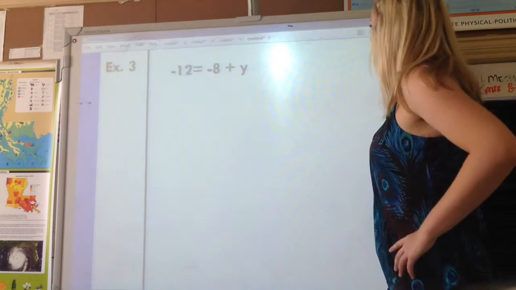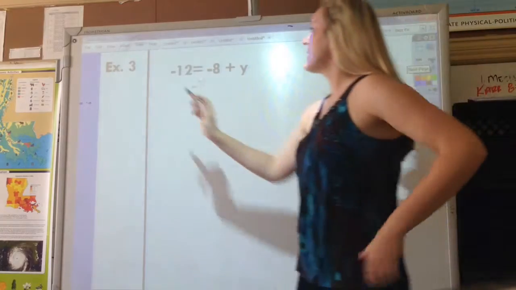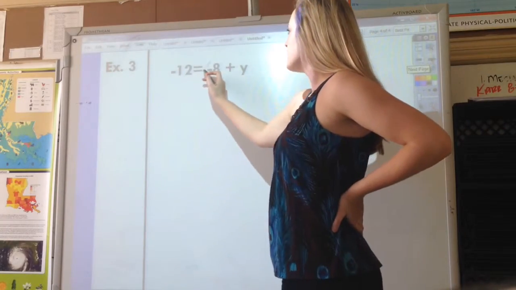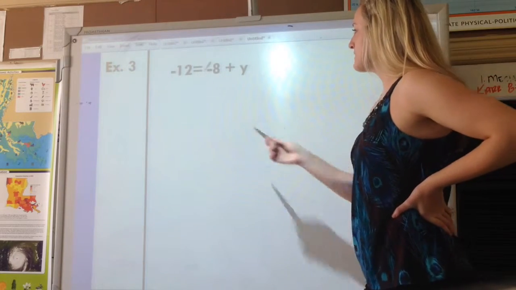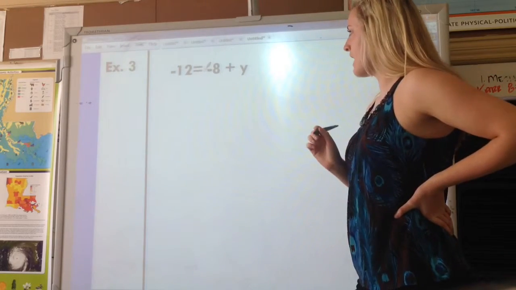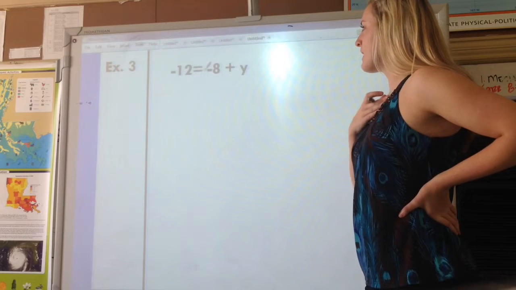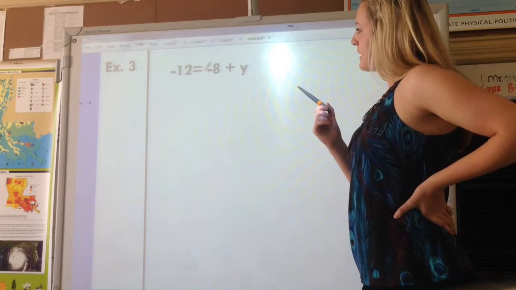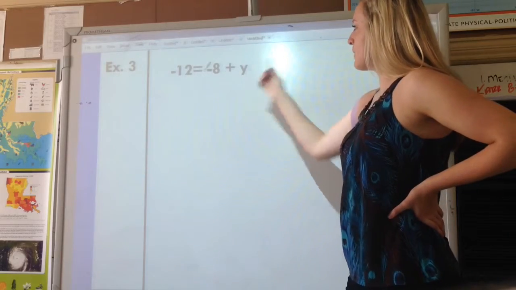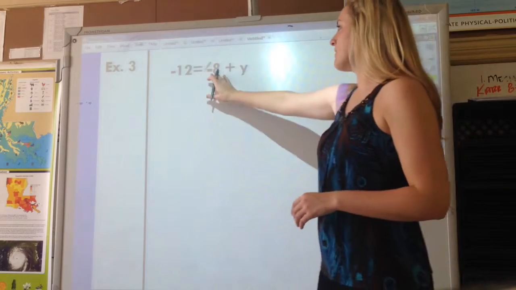Let's do another. All right, go ahead and write example 3, and then negative 12 equals negative 8 plus y. My first step is to identify my variable, which is y. I don't need to combine like terms because everything on both sides is already combined. So then my next step is just to isolate y. So I need to get rid of this negative 8.